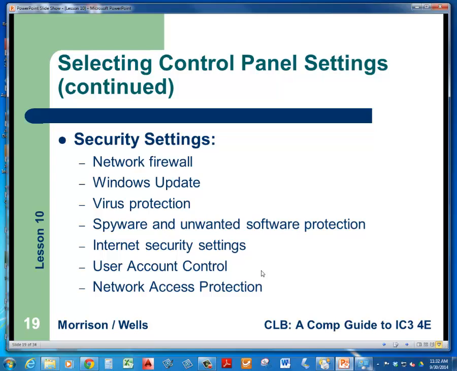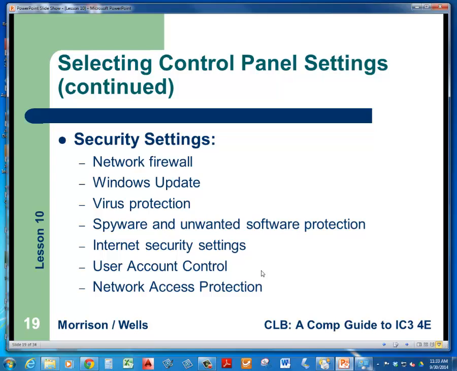Okay. Your virus protection, depending on the virus protection software that you install, if you use a third party or another party besides Microsoft's Forefront, then your virus protection settings would be with that. Otherwise, your virus protection settings would be under security using Microsoft.